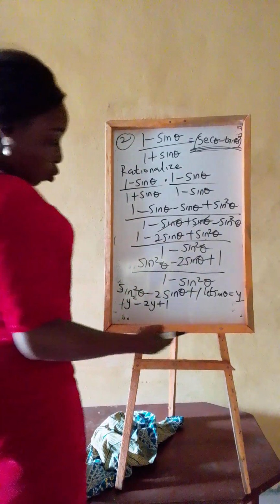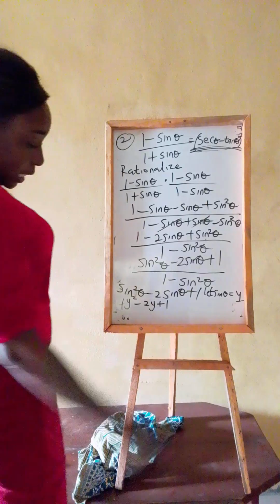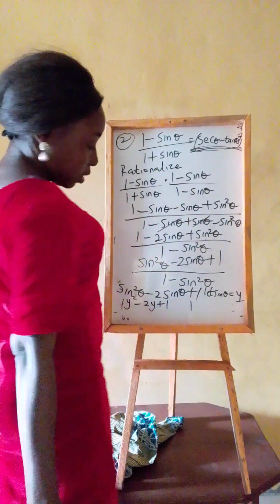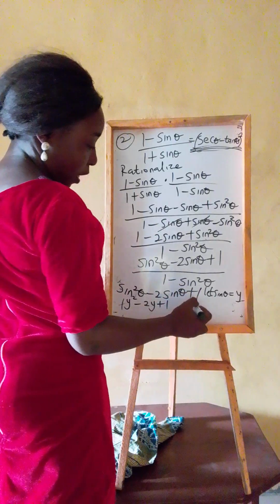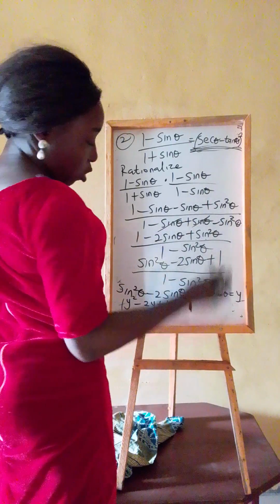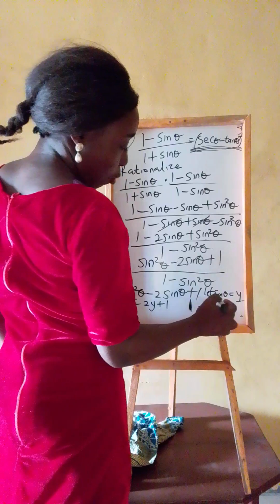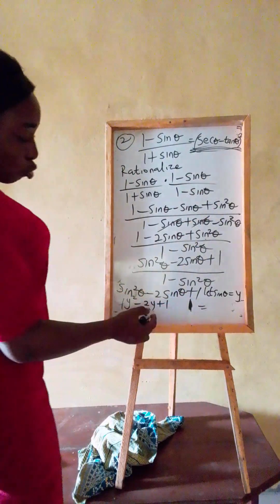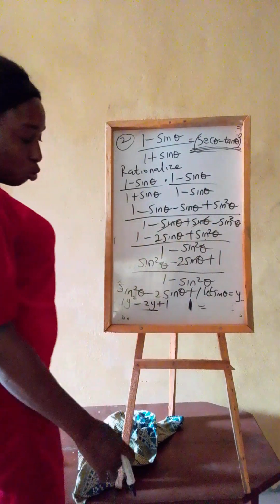We have 1 times 1, that is 1. So you find two factors that when you multiply them give us 1, and when you add them up give us minus 2.